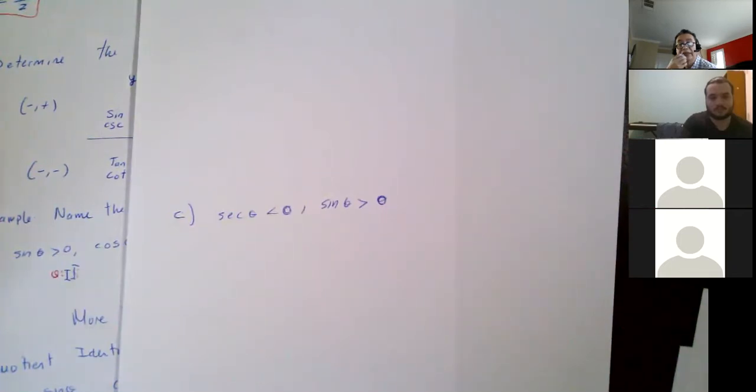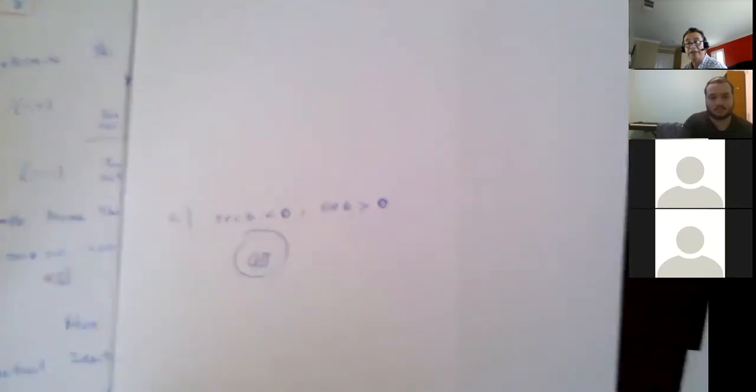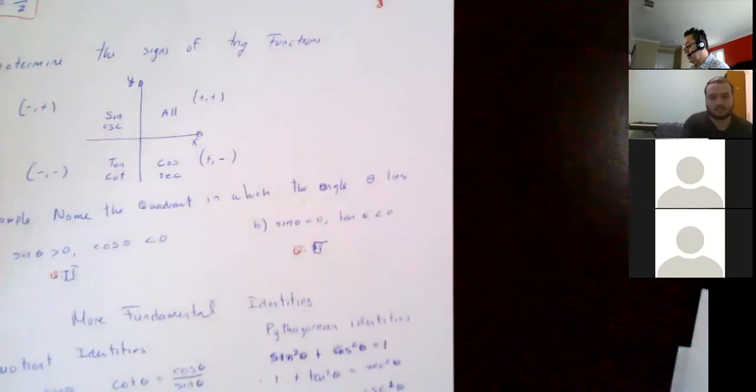Pretty good, you guys. Since it's either 1 or 2, but the secant is negative, that has to be quadrant 2. So that would be quadrant 2. Perfect, you guys. Very good. Let's continue.